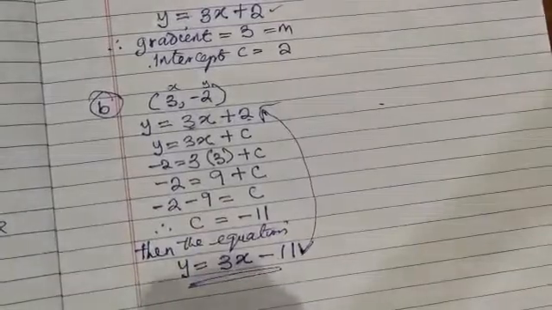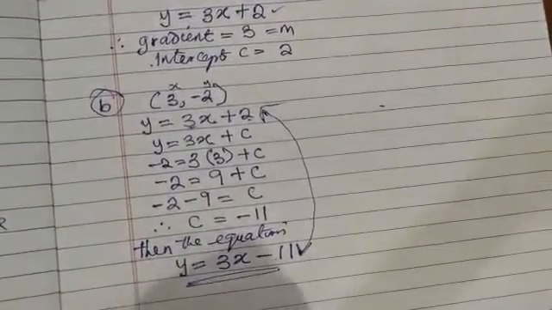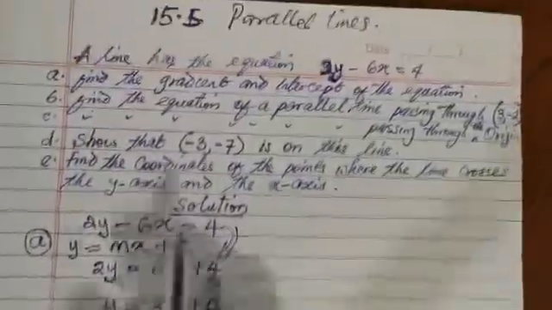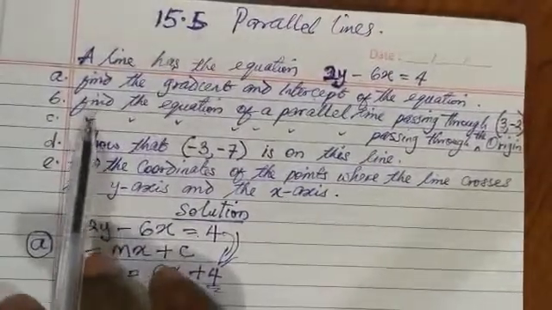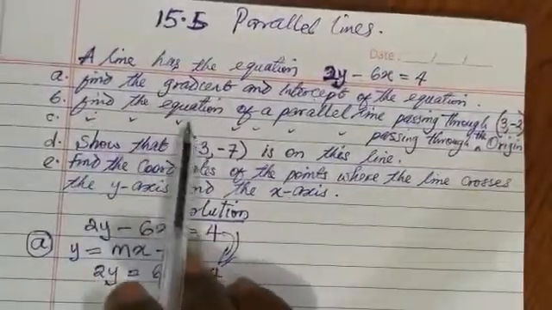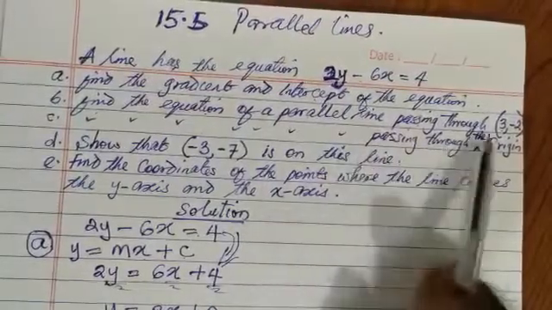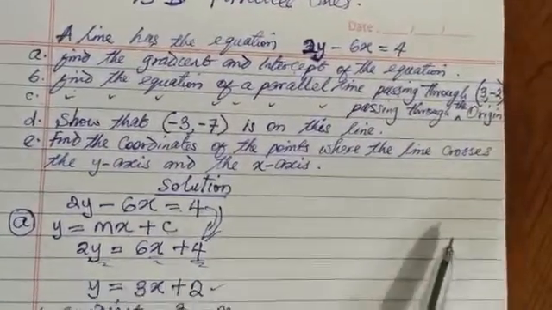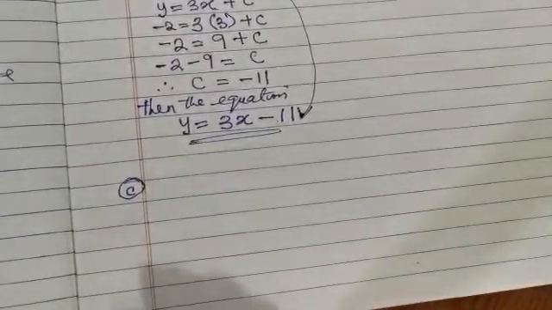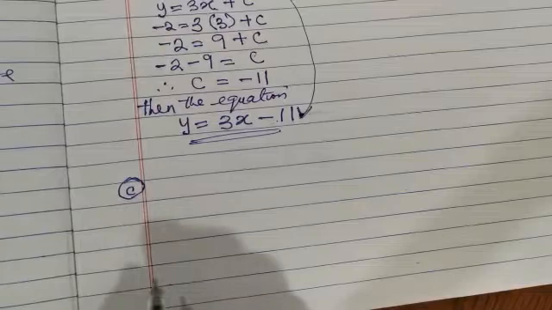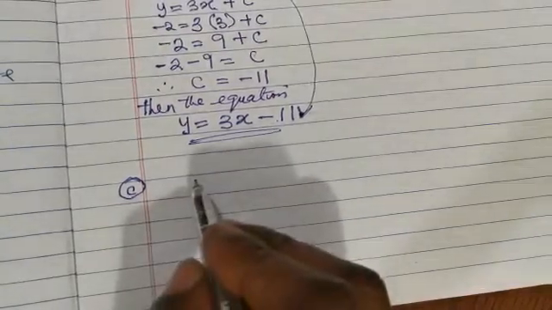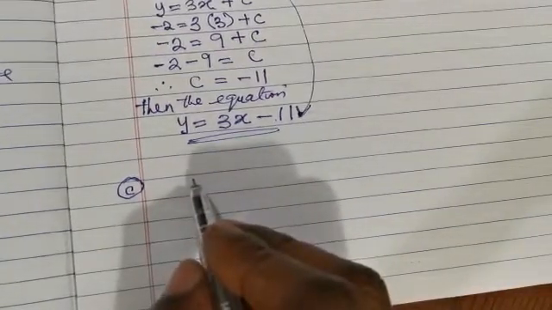Now the C part also says find the equation of a parallel line passing through the origin. If the equation passes through the origin, that means at that point both x and y are 0.